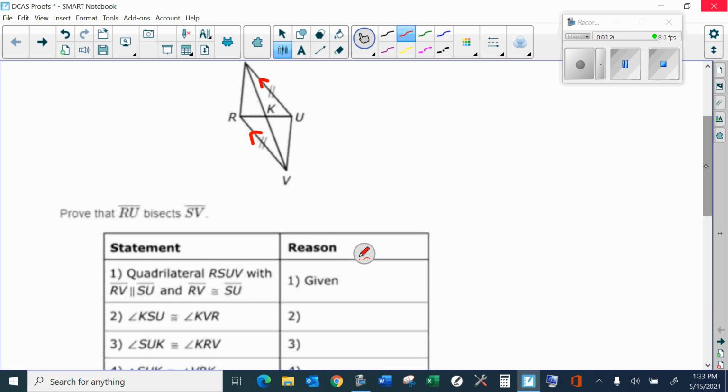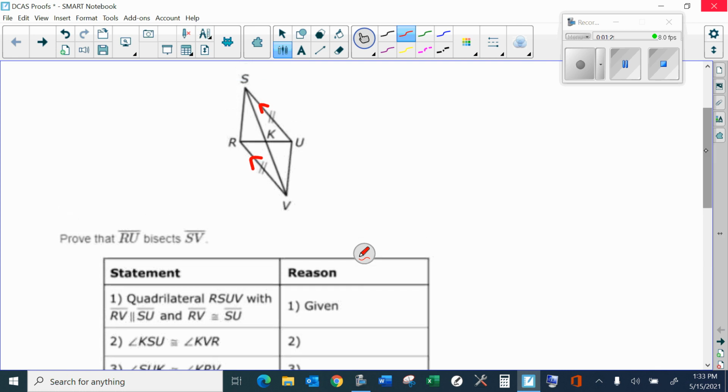Okay, we have that given. Okay, angle KSU, oops, let's move this up. KSU right here is congruent to KVR. And we should know that from parallel lines cut by a transversal, AIA, alternate interior angles theorem.